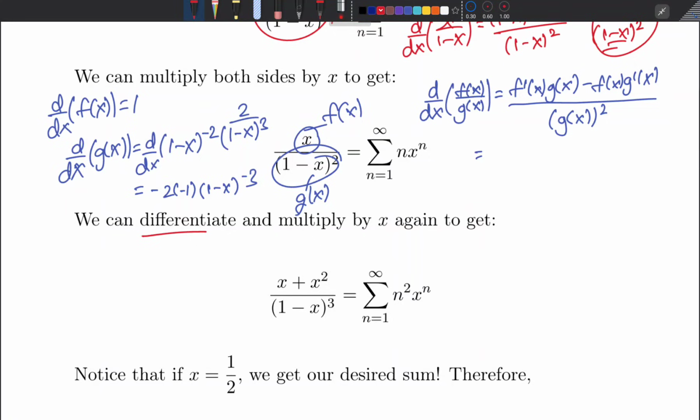So f of x is 1, and we have g of x, which is 1 minus x whole squared, and minus the function as it is, times the derivative, which is 2 over 1 minus x whole cubed, and we have 1 minus x to the 4th. Wait, what is going on? Have I done something wrong?